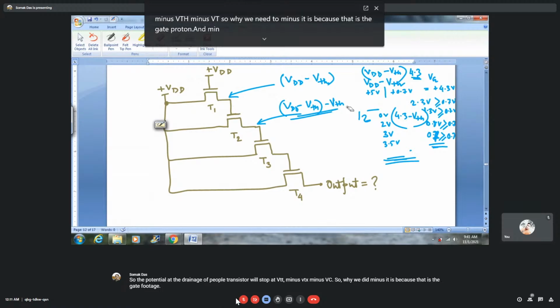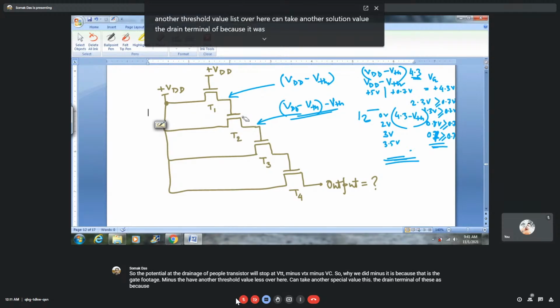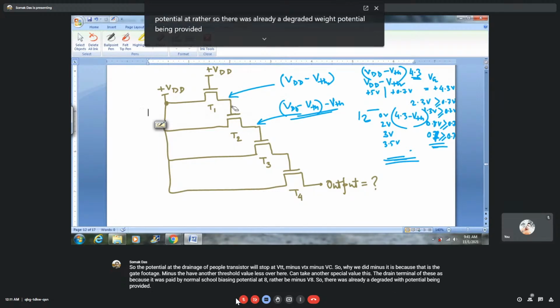And minus VTH, we have proved that it will take another threshold value less at the drain terminal of T2, because it was fed not by the full biasing potential at the gate, rather VDD minus VTH at the gate. So there was already a degraded gate potential being provided for T2, and so this degradation will further increase at the drain terminal.